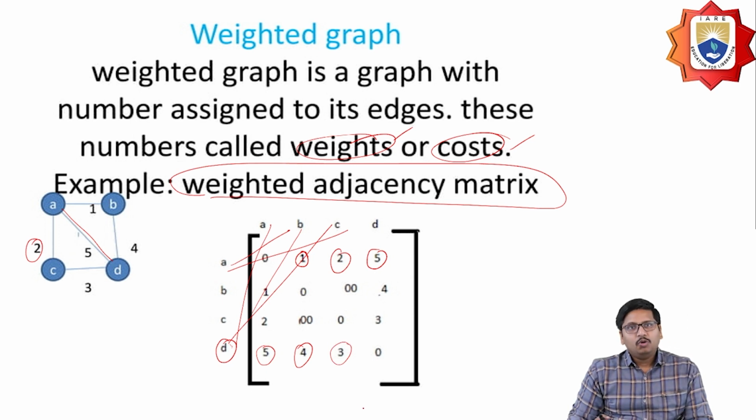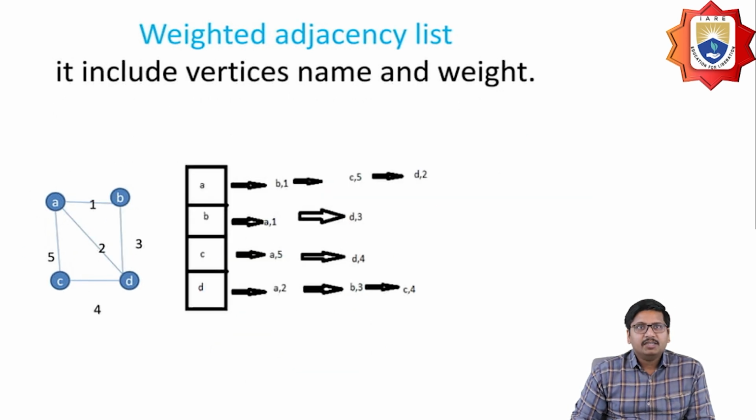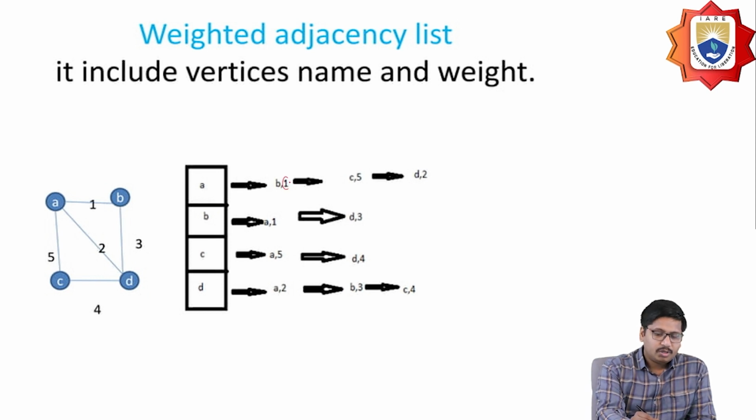So like this, I'm going to map the weights of the edges in the adjacency matrix. So this matrix we can call a weighted matrix. Similarly, in a weighted adjacency list, along with the node values, I'm going to consider the weight value as well.